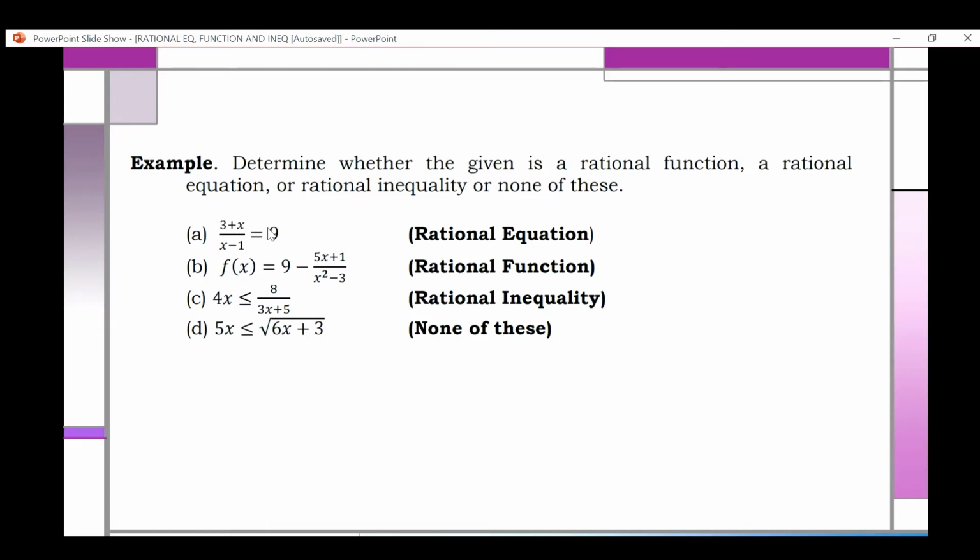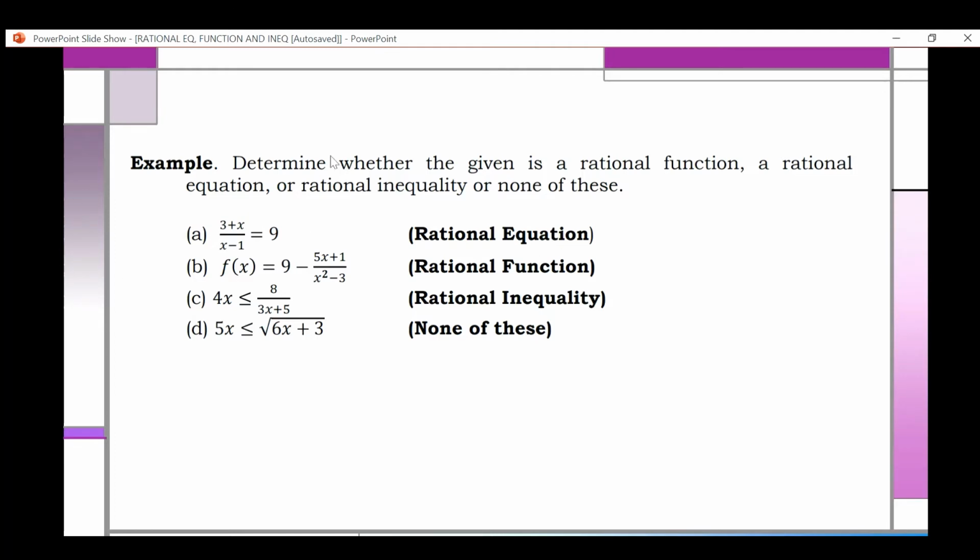So ang tatandaan lang natin, class, in distinguishing rational equation, function, or inequality. So pag rational equation, class, we use the symbol equal, since the word equation is used, coming from the word equal.